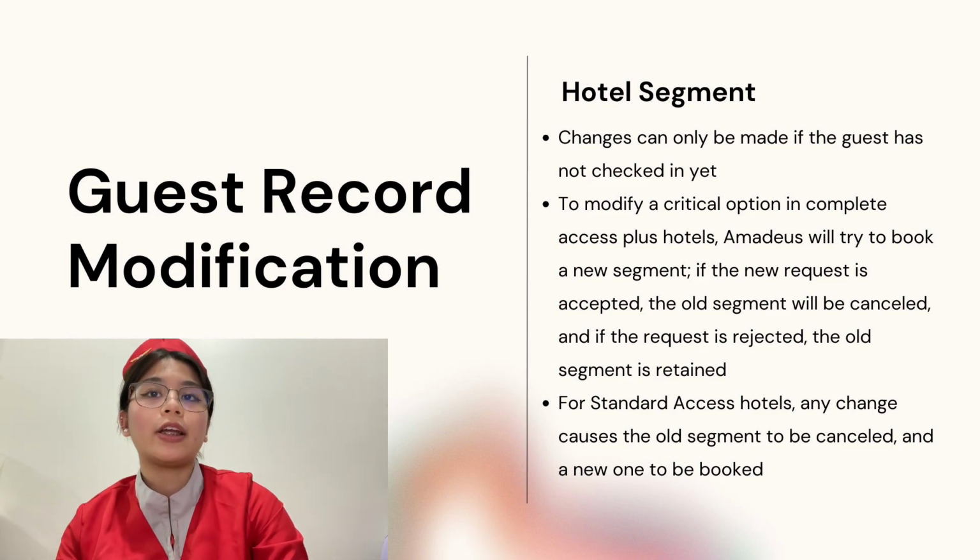Next, to modify a critical option in Complete Access Plus Hotels, Amadeus will try to book a new segment. If the new request is accepted, the old segment will be cancelled, and if the request is rejected, the old segment is retained. For standard access hotels, any change causes the old segment to be cancelled and the new one to be booked.